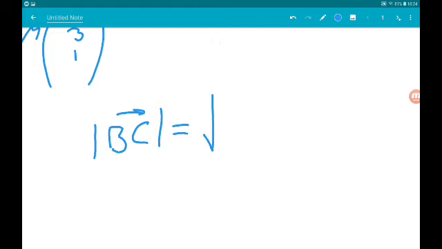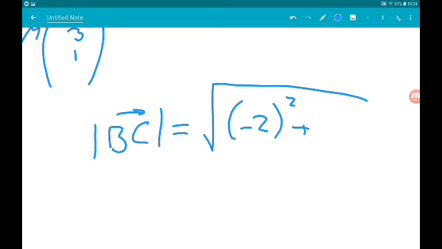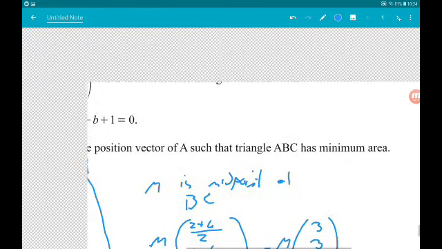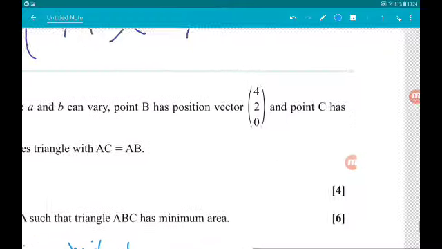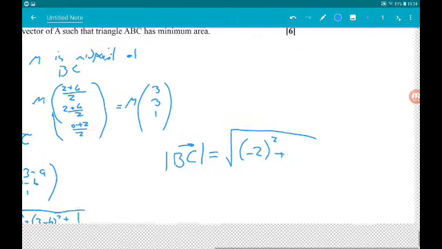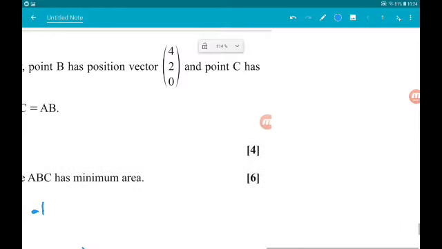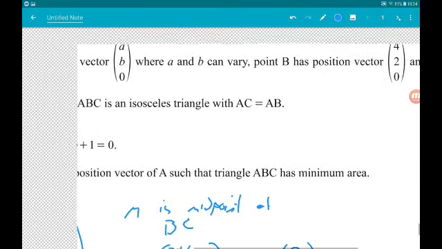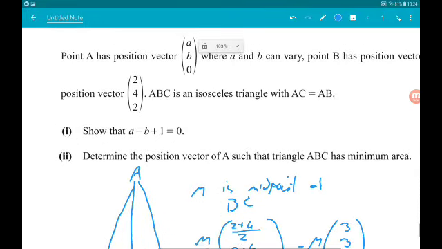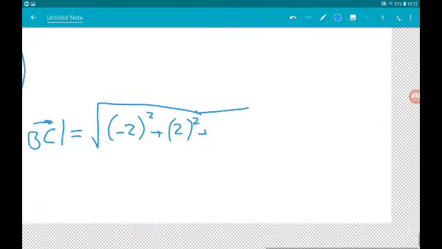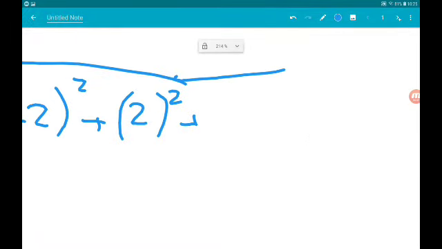So it's going to be the square root of minus 2 squared add 4 minus 2 squared add 0 minus 2, so 2 squared again.